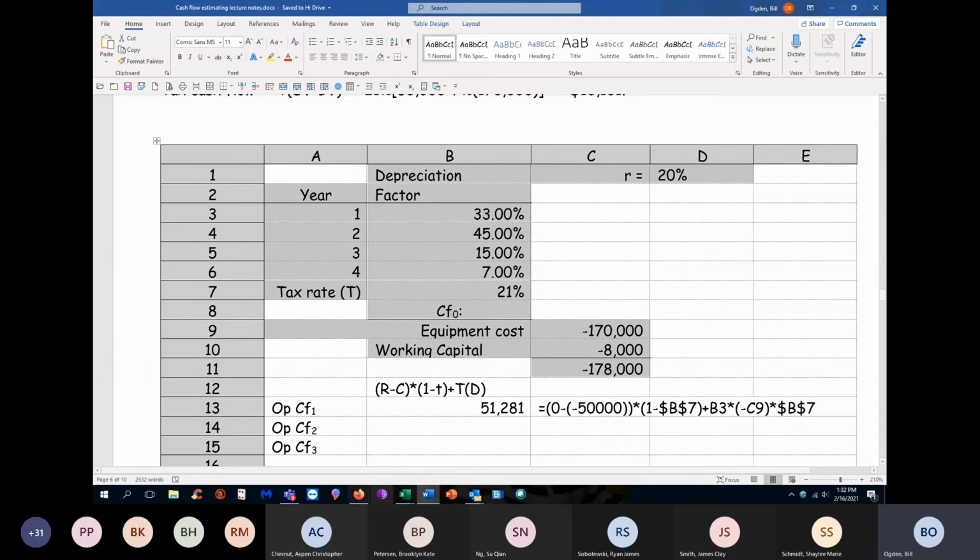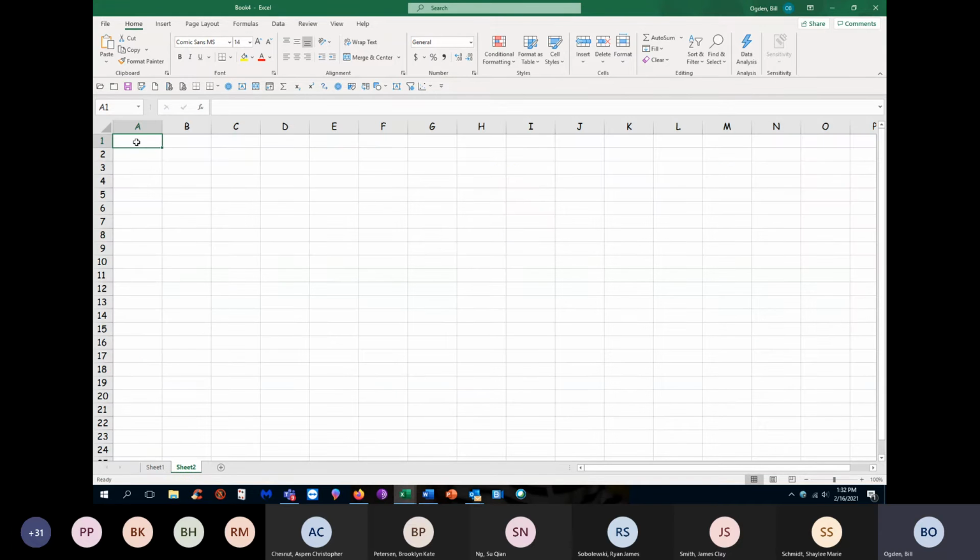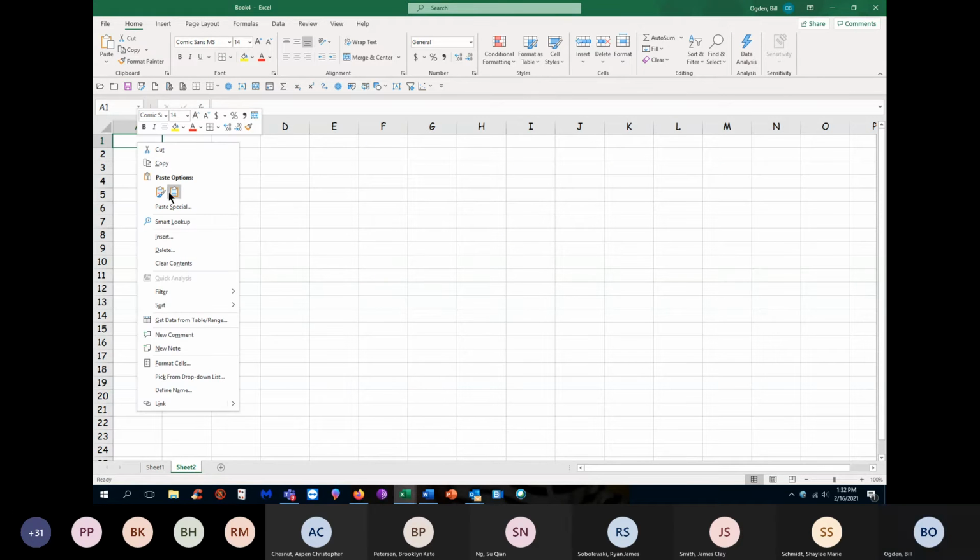Okay, let's copy this. And let's go to this last sheet we did, and let's just put a new sheet on this. That would work too. All right, and I'll drop this in.